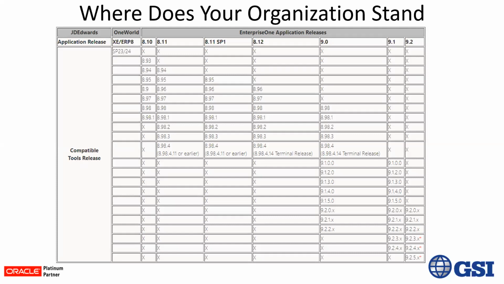Now that's important because if you're on 9.1, notice that tools 9.2.4, that's it. That's as high as you can go. So these enhancements in 9.2.5, and there have been application enhancements and tools enhancements, you can't get those in 9.1. You have to go to 9.2. If you're on 9.0, your tools release stops at 9.2.2.